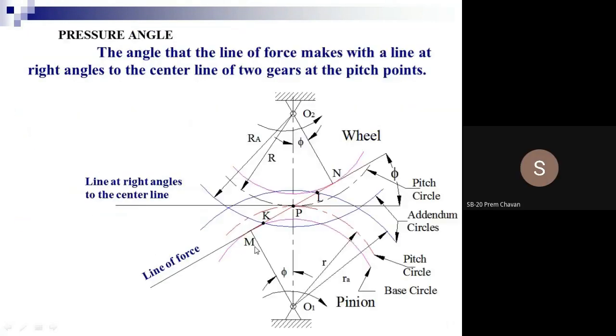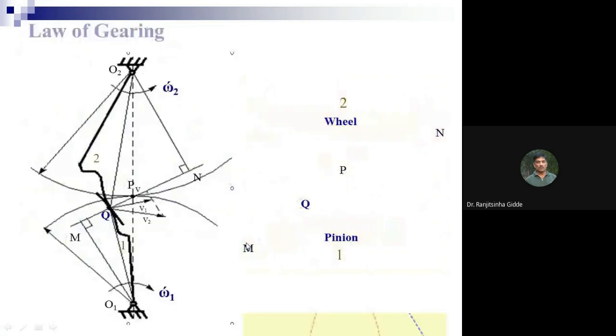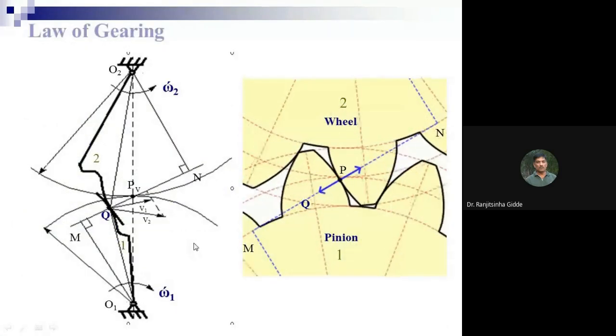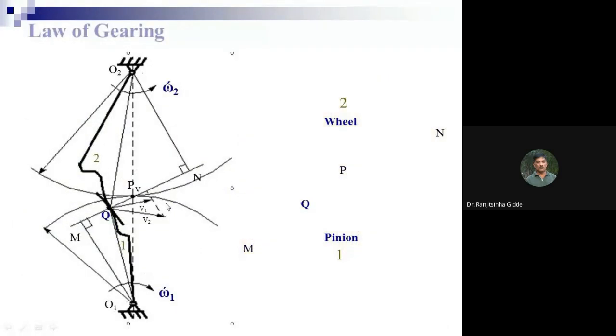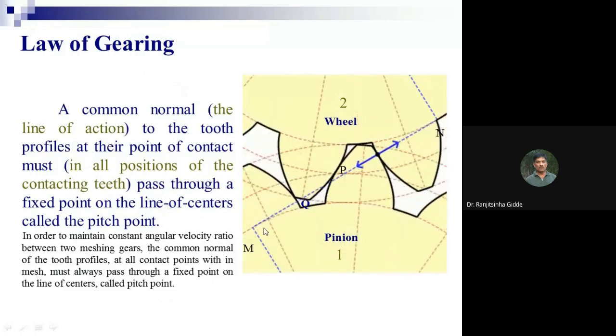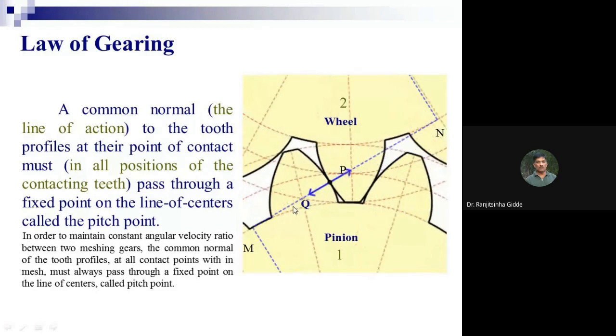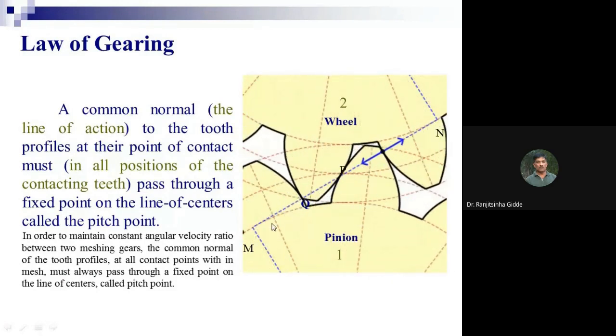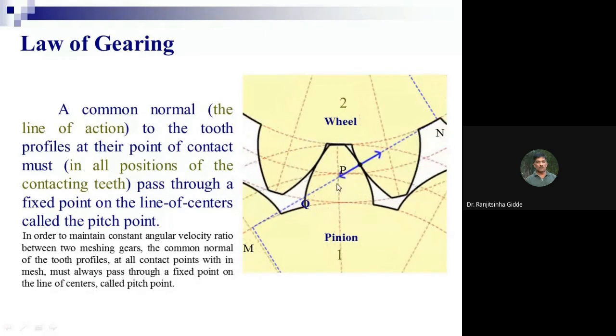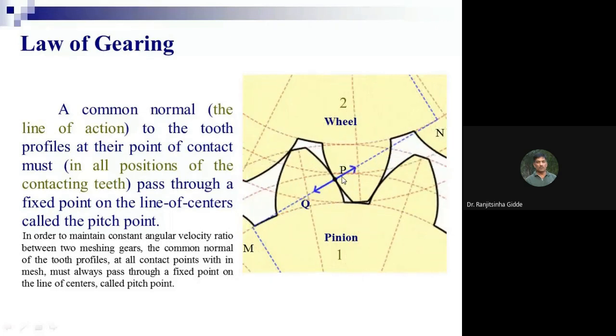Okay, yes, sir. So in the last lecture we have seen this law of gearing, according to which the common normal at the point of contact has to pass through the pitch point.